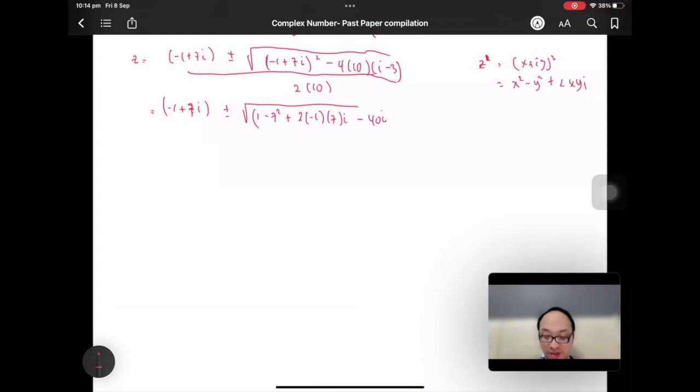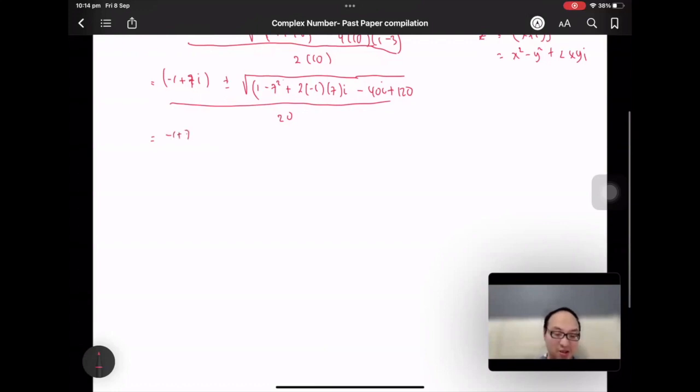Minus 40i plus 120 over 20. So minus 1 plus 7i, plus or minus the root of 1 minus 49, which is minus 48, so 72 minus 54i over 20.